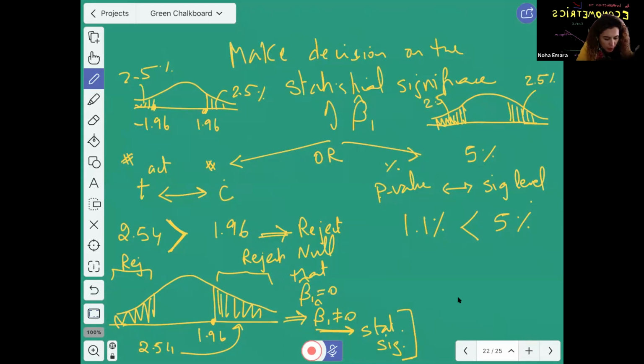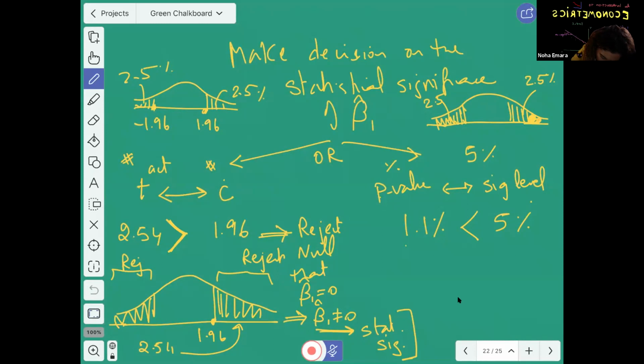Because it's a two-sided test, you are dividing it between the two, right? And the 1.1%, you're dividing it between the two. So it's going to be very small.